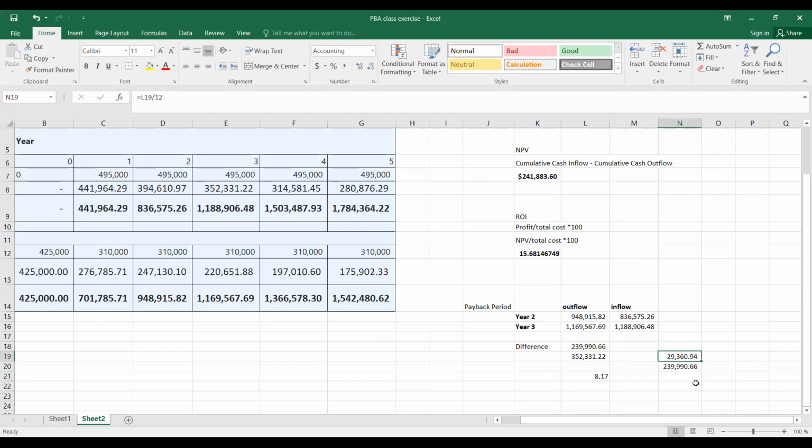Now that is not the correct answer yet. Let me tell you, this is just in months. So therefore, your correct answer would be, let's make it like this, payback period is 2 years and 8.17 months.